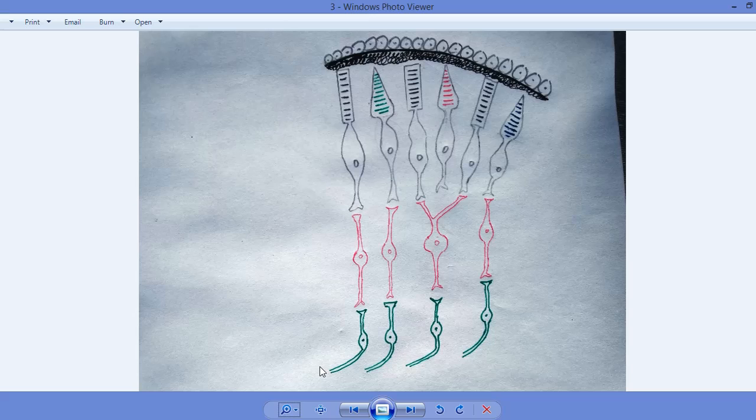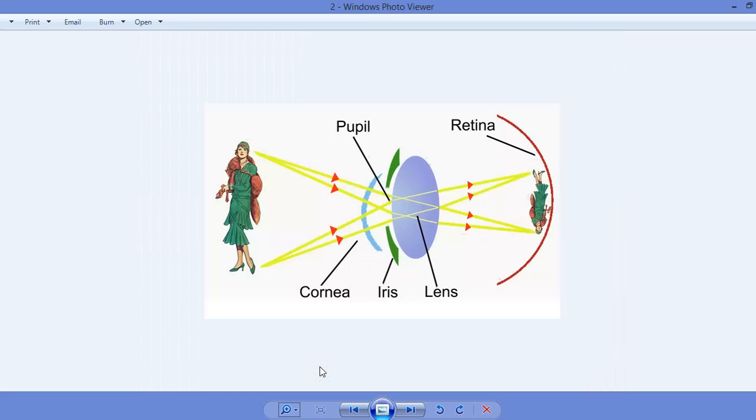So what normally happens, for example, in this diagram you can see an object in front of the eye. The reflection of the image falls on the cornea, through the cornea it travels into the aqueous humor.